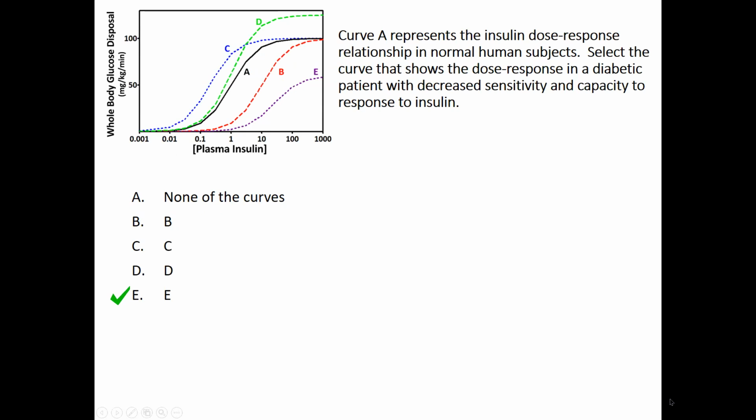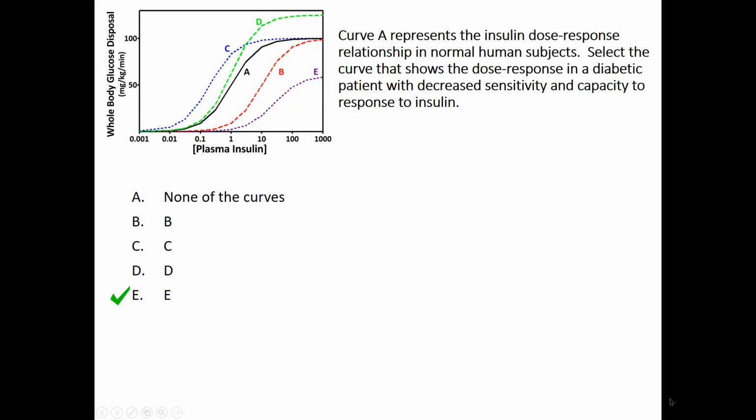So here's a normal hormone. It's got an EC50 somewhere around 1 nanomole perhaps. This one's got an EC50 somewhere around 20 or 30. So we have both a shift in the sensitivity to the right, which means it's less sensitive, decreased sensitivity, and decreased capacity because the maximum response is going down. B has the lowest EC50, correct? Yes. Okay, thank you.